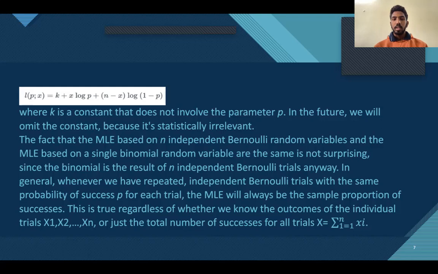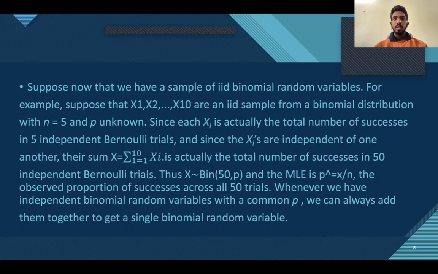Suppose now that we have a sample of IID binomial random variables. For example, suppose that x1, x2, and so on up to x10 are an IID sample from a binomial distribution with n equal to 5 and p unknown.